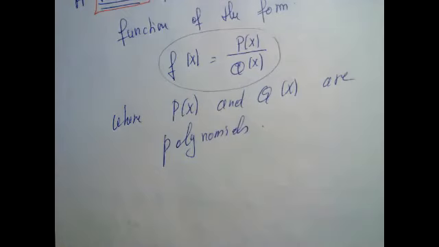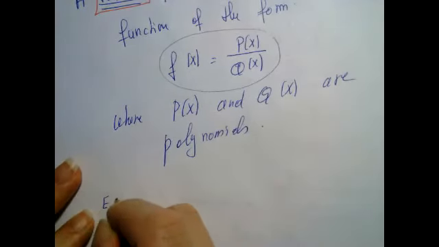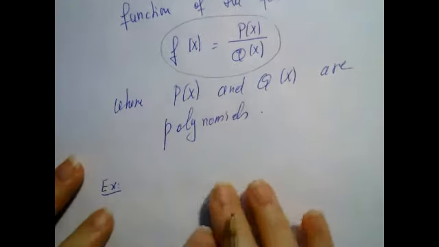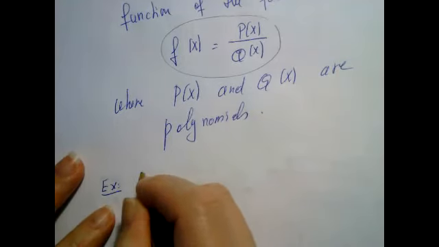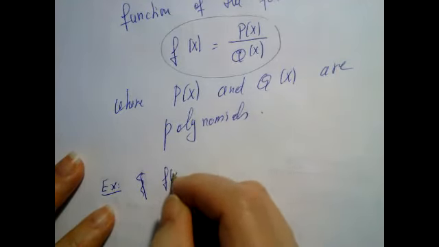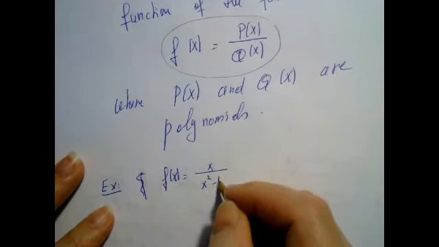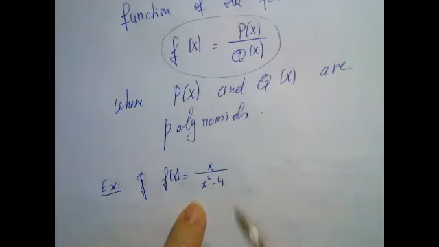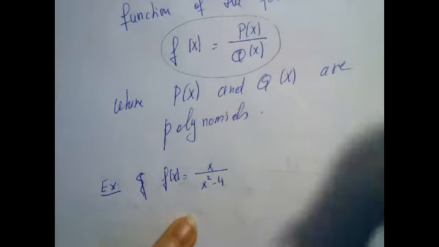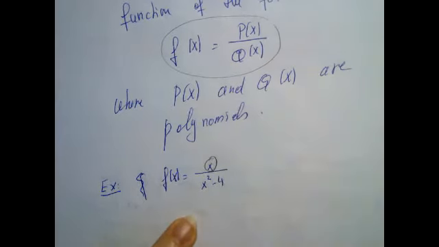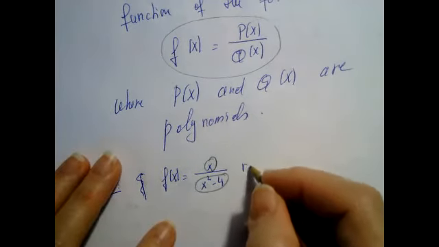So, for example, the one I started with: if I take the function f of x equal x over x squared minus 4, that's a rational function. The numerator is a polynomial of degree 1, and the denominator is a polynomial of degree 2. That's a typical rational function.